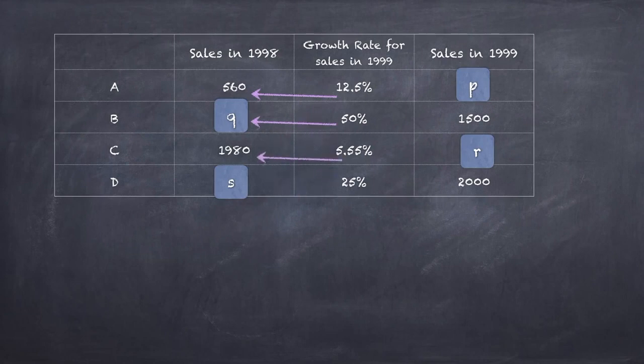So what is the base for these percentages 12.5, 50, 5.55 and 25? The base for these rates is the year 1998, or the sales in the year 1998. So that should be very clear to you.